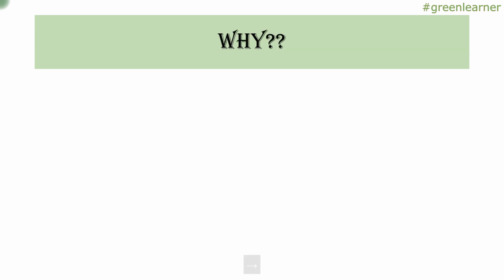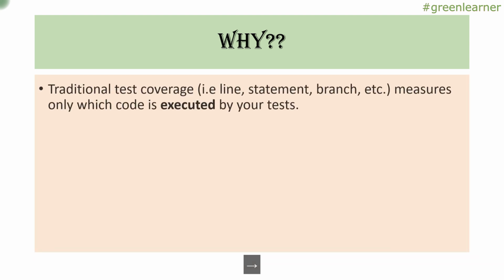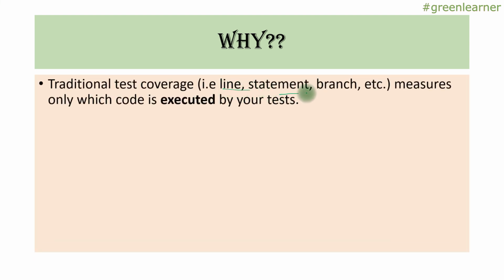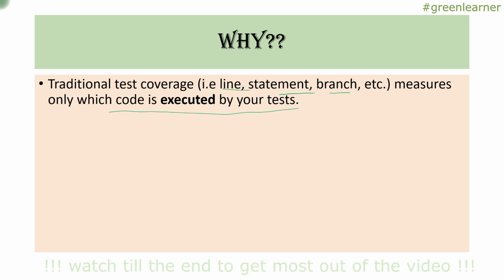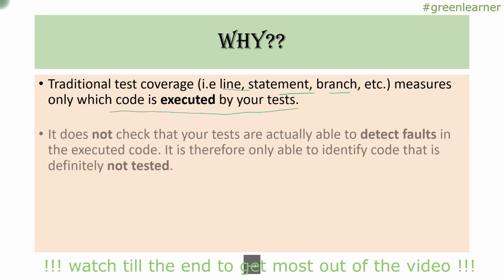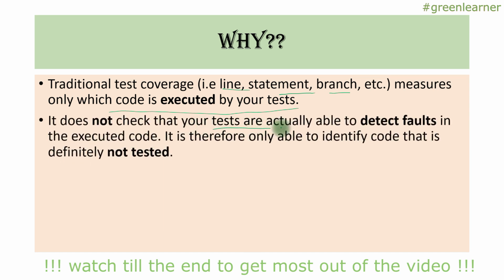So let's see why we are doing this. Actually I have explained it, but see this again. Traditional test coverage, that is line, statement, and branch, measures only which code is executed by your test, meaning that method is being called from the unit test you have annotated with @Test, right? But it does not check that your tests are actually able to detect faults. Detecting faults means the comparison part. If it is not doing the comparison or any boundary condition checking, then it cannot detect faults in the executed code.